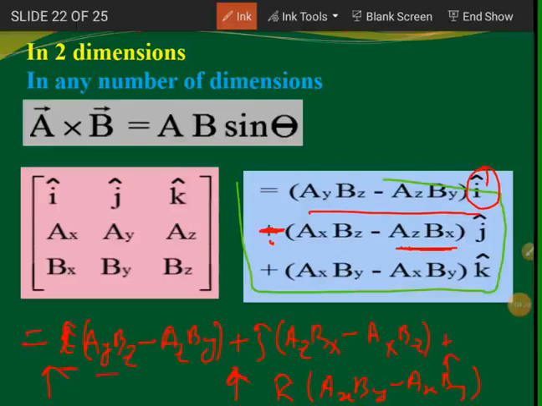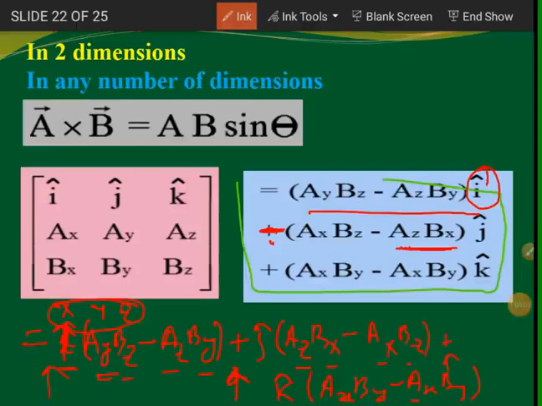Then these are all A, B, right? Now you just remember like this. The first one is for the unit vector along x-axis. Next will be for y, that means the component of A along y. Next will be component of B along z. So it will come in this order, in the cyclic order, x, y, z, like that.